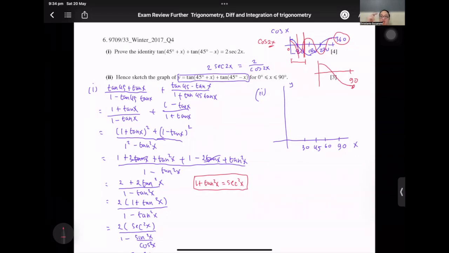Now, how about 2 over cos 2x? So that means this is maximum. The value is 1. So 2 over cos 2x will become 2. Right? 2 divided by 1. So it will become 2.